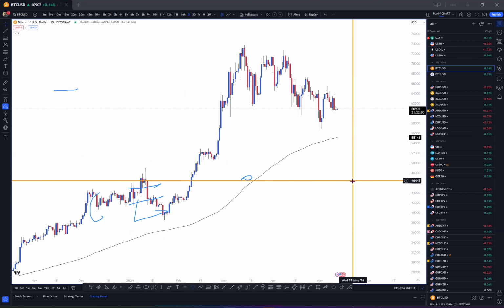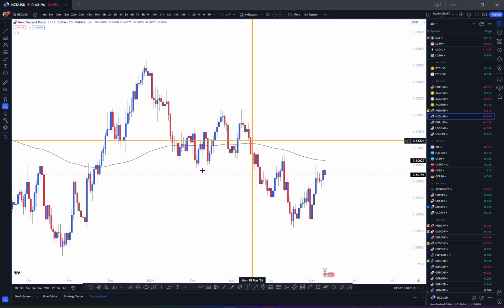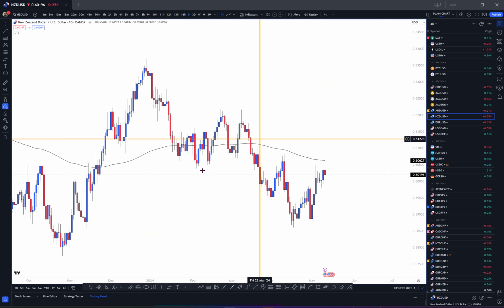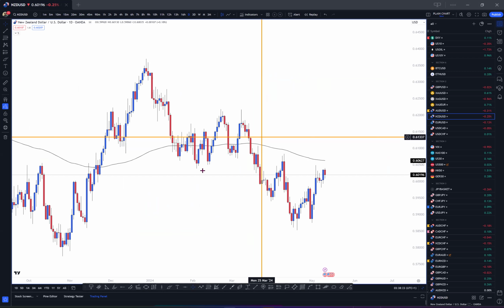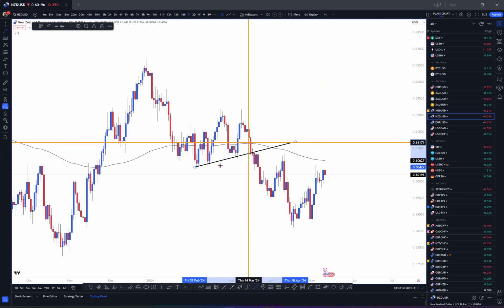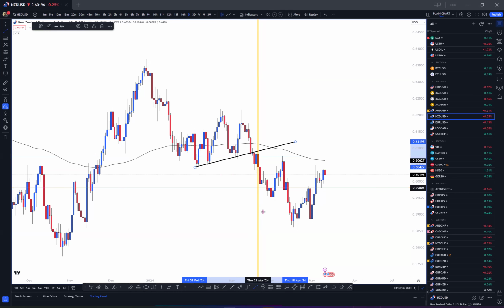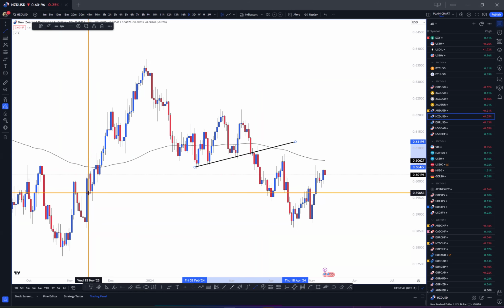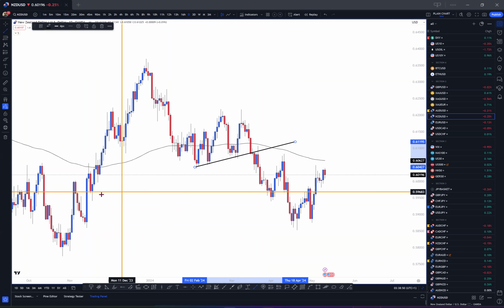Something like this, we have a break of the 168, and say we draw a trend line from the previous structure like that, connecting this low. So a break and a retest here, we take our sell here, and our profit is going to be the next resistance here. There is some sort of resistance here, so you could take this level as your first TP.